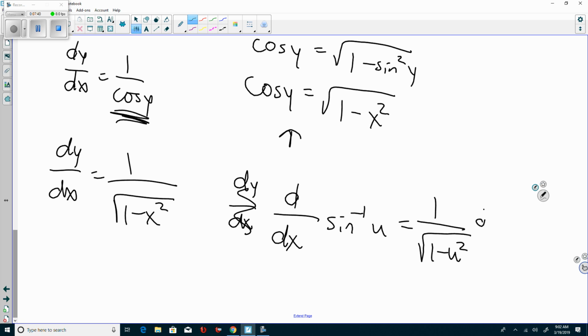And then here is your derivative of u with respect to x. Okay, so this is the key right here.